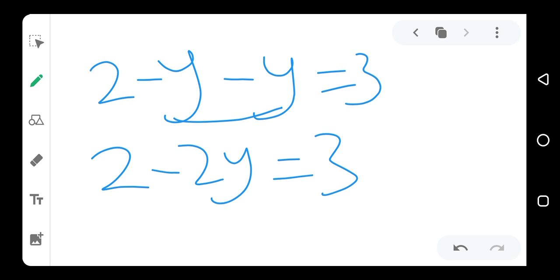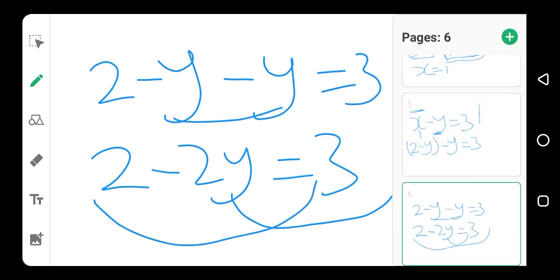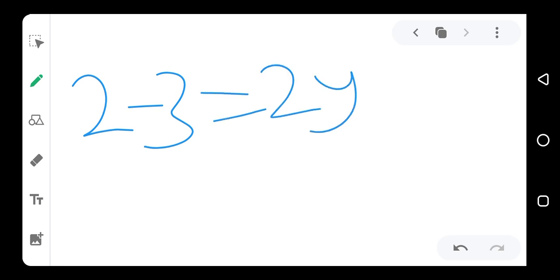Now if you collect like terms, to make this 2y positive, we can bring it to this side and take this 3 to this side. So it becomes 2 minus 3 is equal to 2y. And then 2 minus 3 is equal to minus 1.